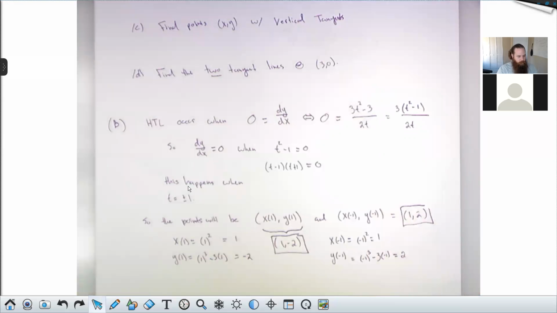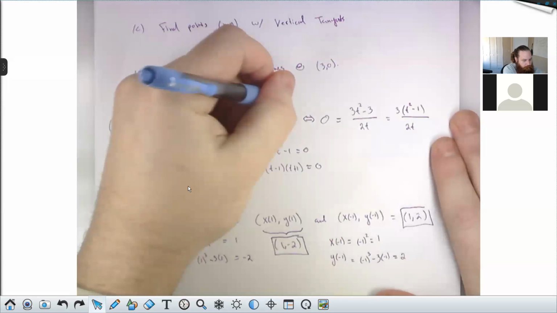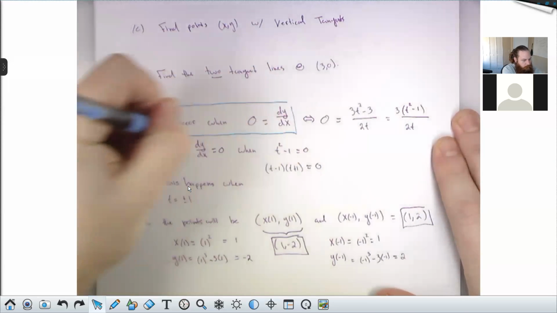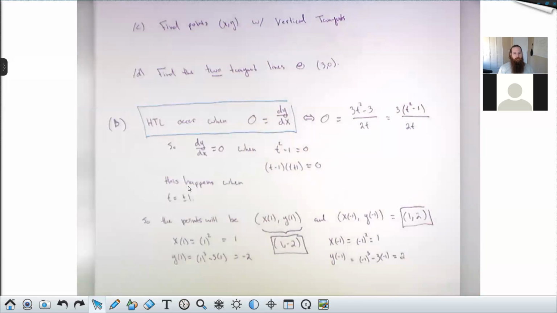So strategically, the sort of thing you need to remember if you want to use this to solve future problems, horizontal tangent lines will occur when the derivative dy dx is equal to 0. And then you need to remember how to cook up dy dx. It's dy dt over dx dt.